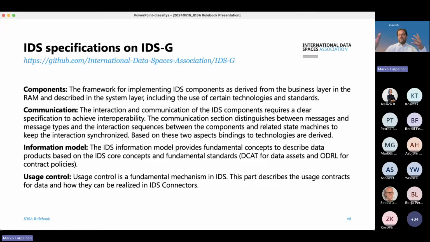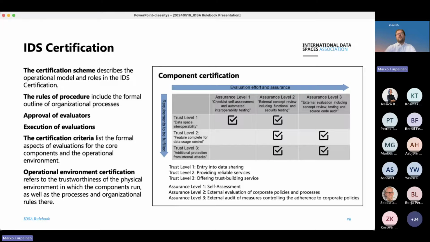That's just one aspect where we link the rulebook and the key functionalities. We need to have data catalogs, and our proposal is that the catalogs should use DCAT as a way to describe the assets, just as an example. So there's one link to the technical implementation there already. And then, of course, there are the IDSA certification mechanisms and the different aspects that have to do with certifying different components.